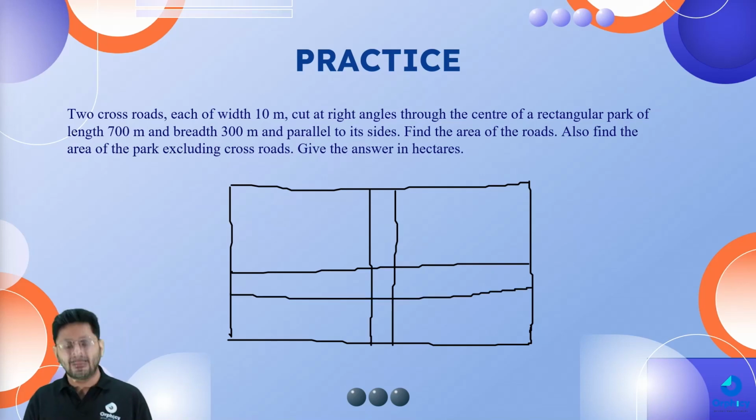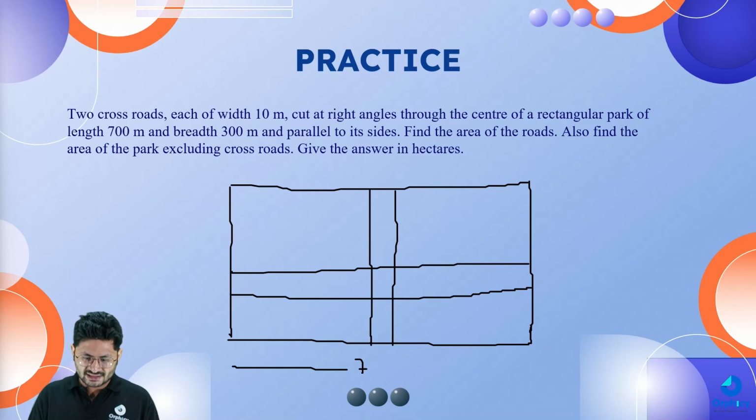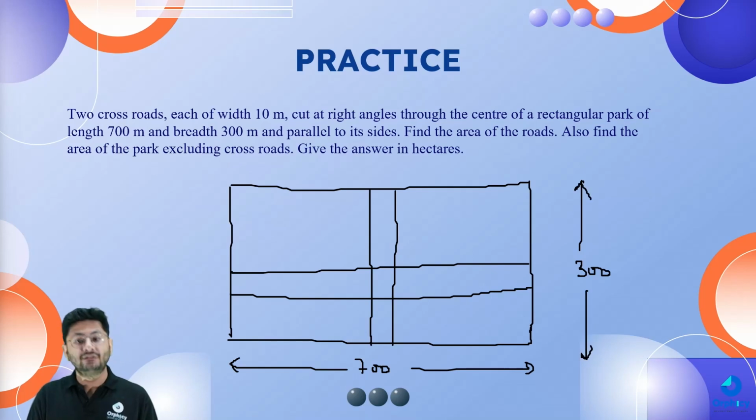एंड इट इज गिवन दैट द टोटल लेंथ इज 700 and the total breadth is 300. It is also given that the width of each crossroad is equal to 10 meters. ये भी 10 मीटर और ये भी 10 मीटर.